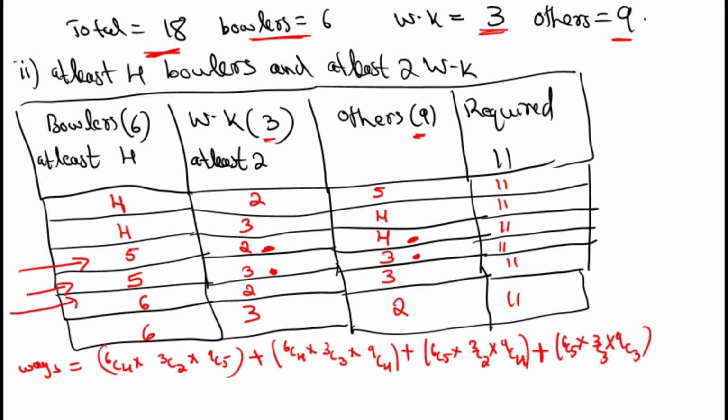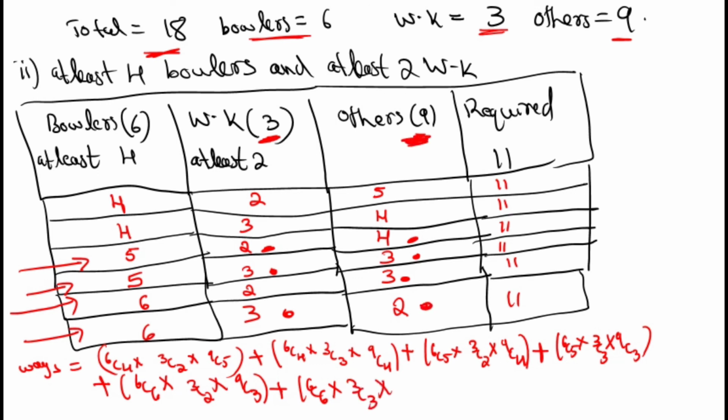Next, fifth row, I'll write plus 6C6 into 3C2 into 9C3, plus last row, 6C6 into 3C3, out of 3 you need to select 3, into 9C2, out of 9 you need to select 2. 6 ways are there.